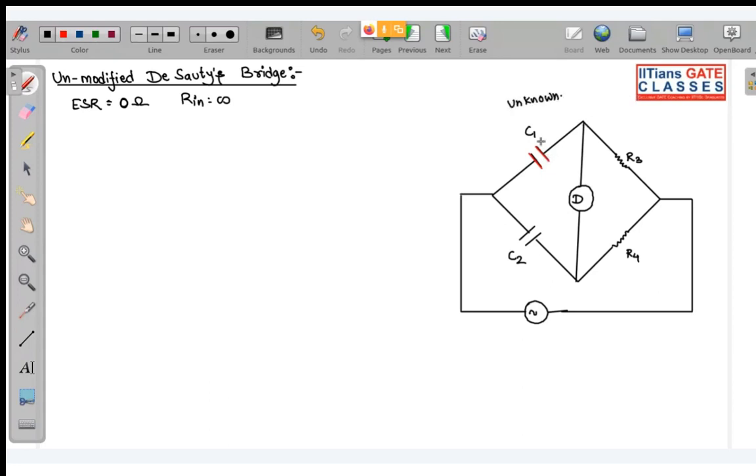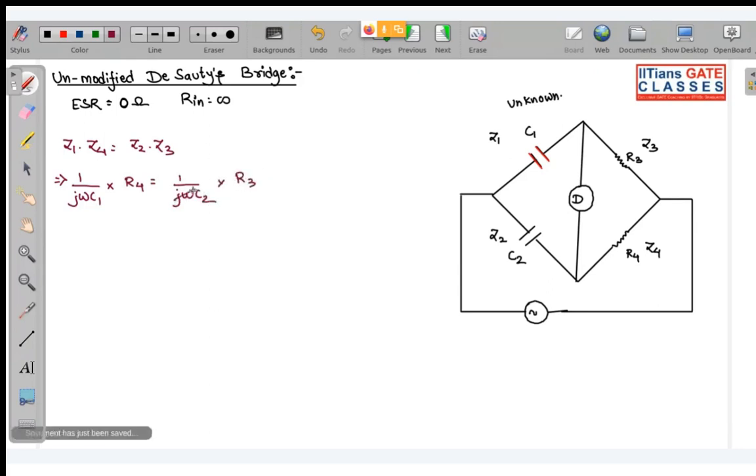If you want to analyze this circuit, let this be Z1, this be Z4, this be Z3, and this be Z2. We know that at balance condition Z1 into Z4 equals Z2 into Z3. So Z1 is 1 by J omega C1 into Z4, which is R4, equal to Z2, 1 by J omega C2, into R3.